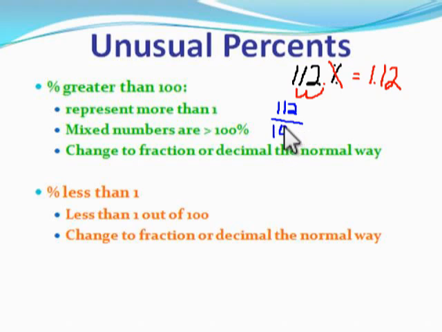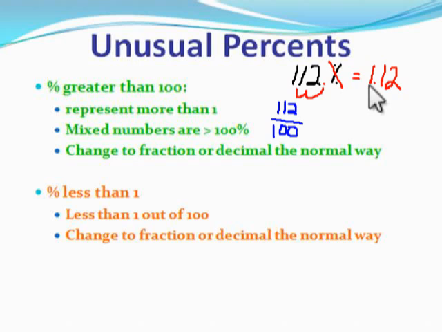And then as always with fractions, we simplify it. There is another way to do it, and that would be to start from your decimal. If you've changed your percent into a decimal, then the other way to change it into a fraction would be to read this decimal properly and write it that way as a fraction.